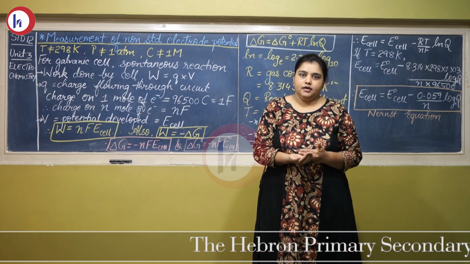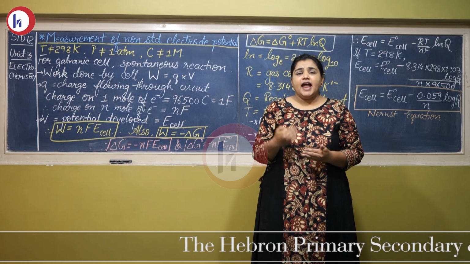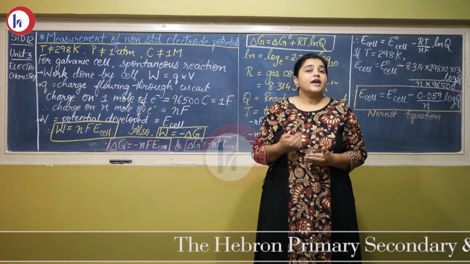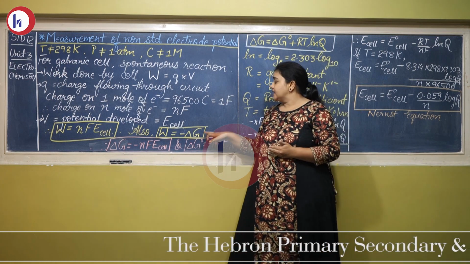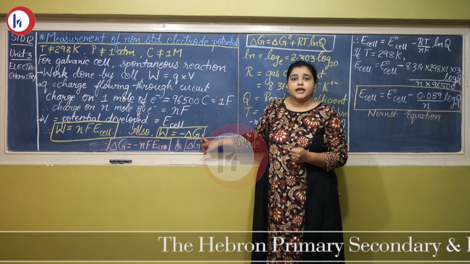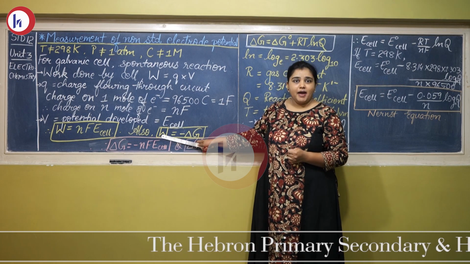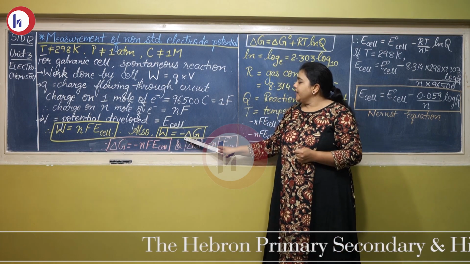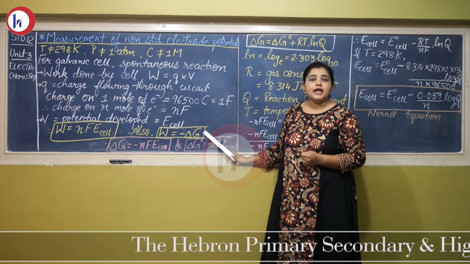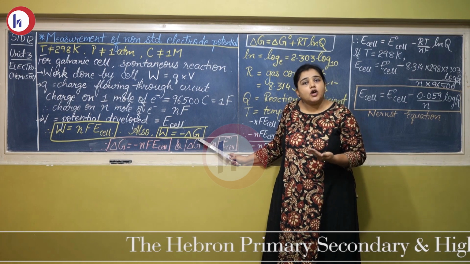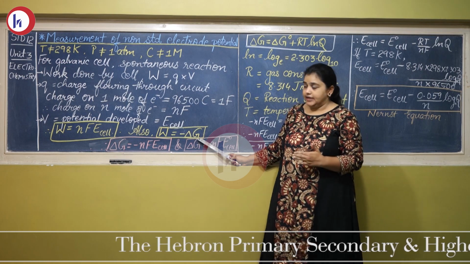Now, as the galvanic cell goes on operating, the useful energy goes on decreasing. In terms of a galvanic cell, we studied in 11th standard that the useful energy of the cell is termed as Gibbs free energy, which is represented by the symbol G. We can write that the work done by the cell is equal to minus delta G, where delta stands for change, because as the cell goes on functioning, the Gibbs free energy is getting utilized and decreasing.